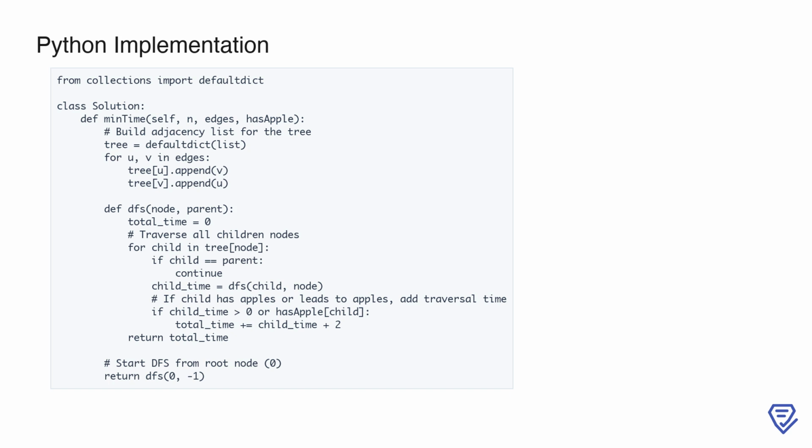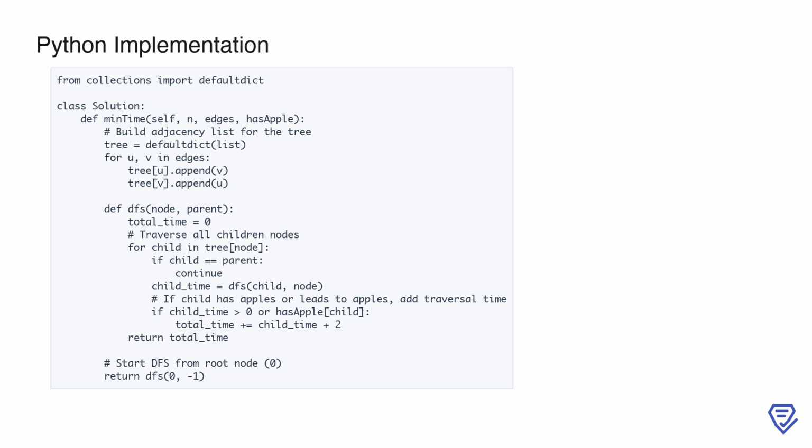1. We start by importing defaultdict from the collections module to construct an adjacency list representation of the tree from the input edges. 2. The minTime function accepts 3 parameters: n, the number of nodes; edges, the list of edges; and hasApple, a Boolean list indicating whether each node contains an apple. 3. We construct the adjacency list tree using a loop over edges.